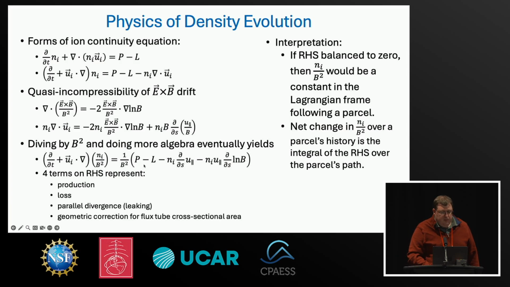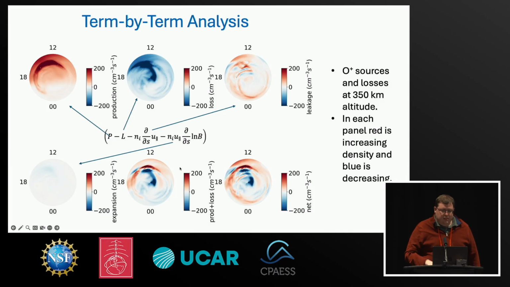So these terms physically represent chemical production, chemical loss, a parallel divergence, and then this last term is a purely geometric term that has to do with the rate of change of flux tube cross-sectional area as you push stuff up and down field lines. It turns out that fourth term is actually quite small. But what surprised me when I started doing this is that this third term is routinely not small. So I've gone inside the simulations and done like a term-by-term analysis.